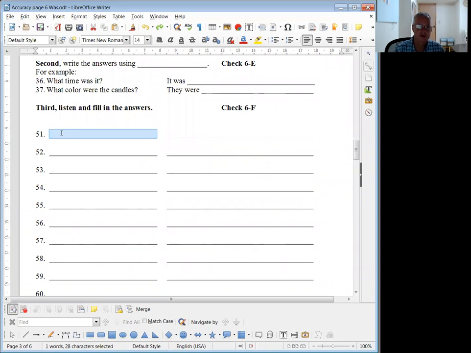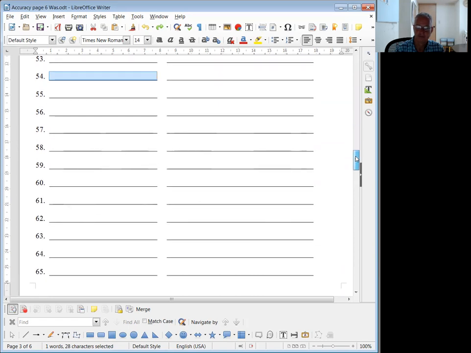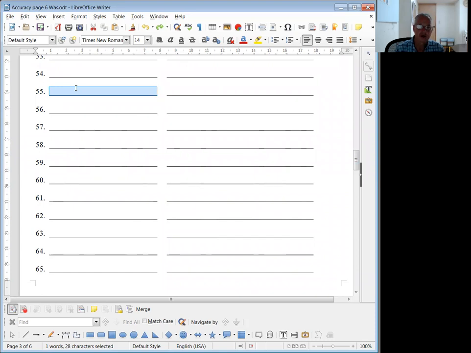What was over? (52) What was messy? (53) Was the centerpiece still on the table? (54) Where were the candles? (55) Were the cups empty? (56) What was the table covered with?